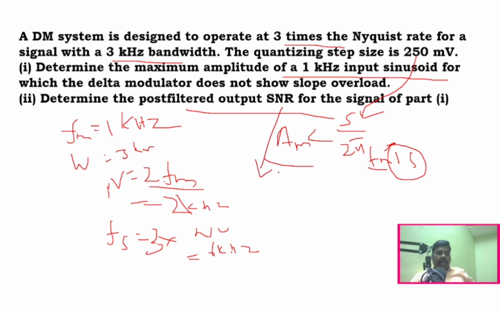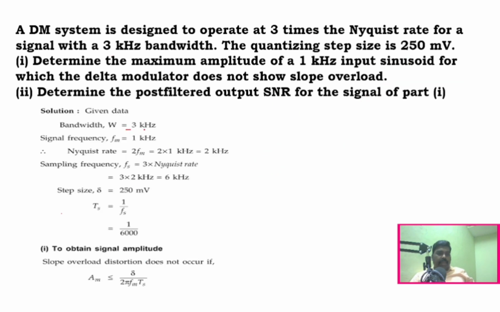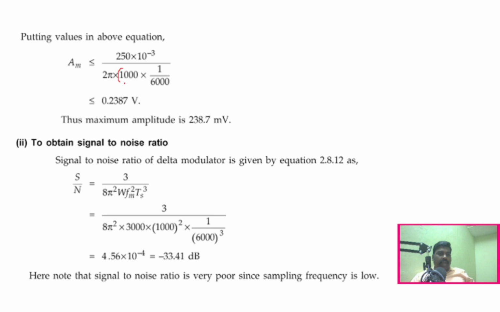Now you'll see how we have solved this particular problem. The bandwidth is 3 kilohertz, fm is 1 kilohertz, and the Nyquist rate is 2 times fm, so 2 × 1 kilohertz. Then the sampling frequency is 3 times the Nyquist rate, so you obtain 6 kilohertz. The Δ value they have already given, and Ts is equal to 1/fs, which is 1/6000. For no slope overload, we will use Am = Δ/(2π fm Ts). By substituting the fm and fs values, we obtain this particular value for Am.